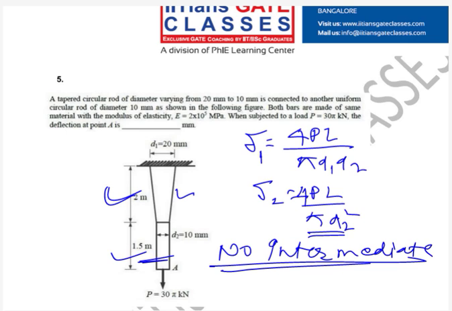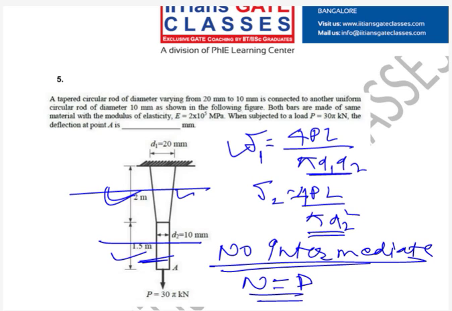So throughout, if you take any section, your reaction is P itself. That's why I have written delta 1 as 4PL upon pi d1 d2, and delta 2 as 4PL upon pi d2 square. Now E is the same, d1 is given, d2 is given, lengths are known.